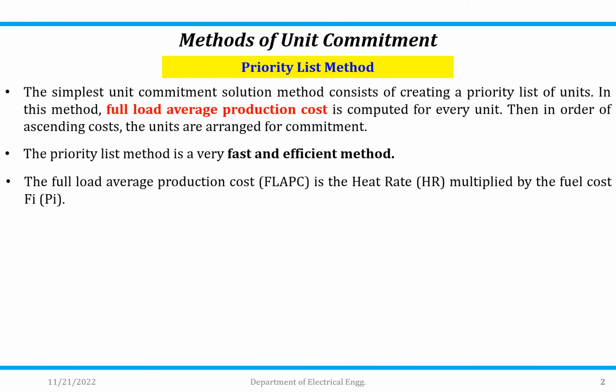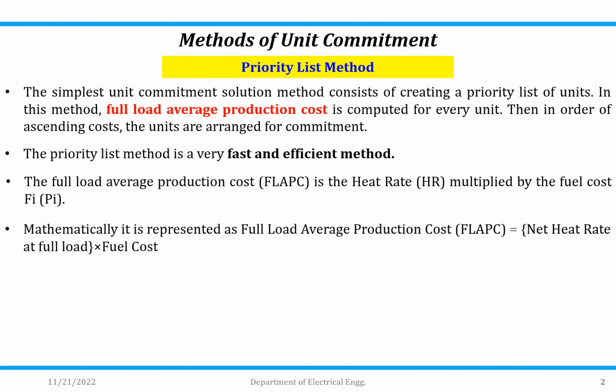The full load average production cost is nothing but the heat rate multiplied by the fuel cost. Mathematically, it is represented as full load average production cost equal to net heat rate at full load into fuel cost.